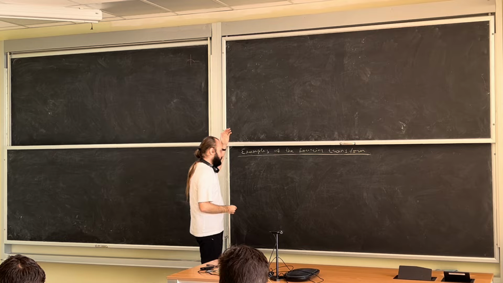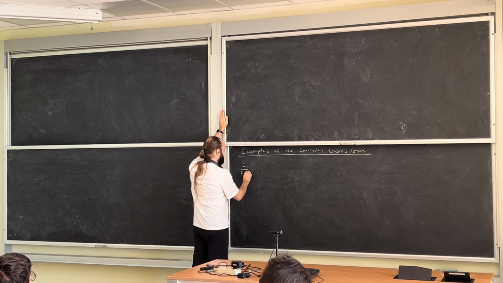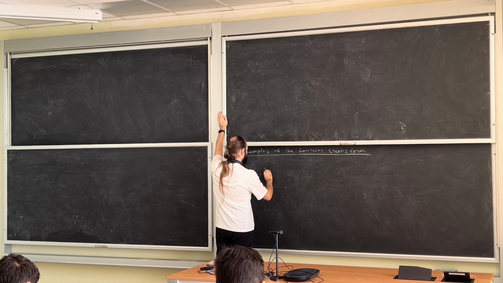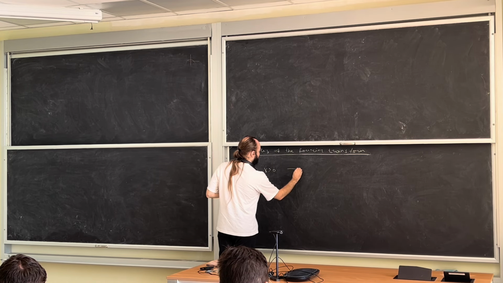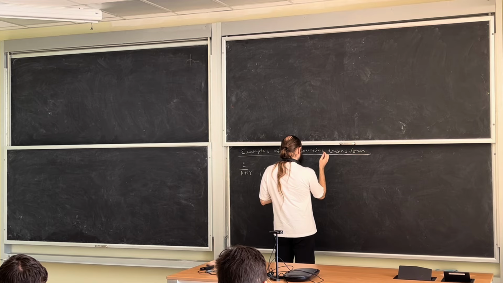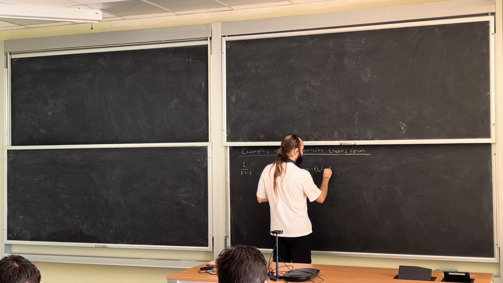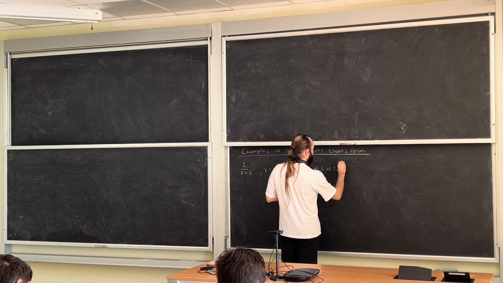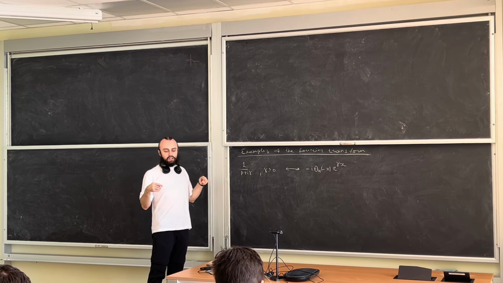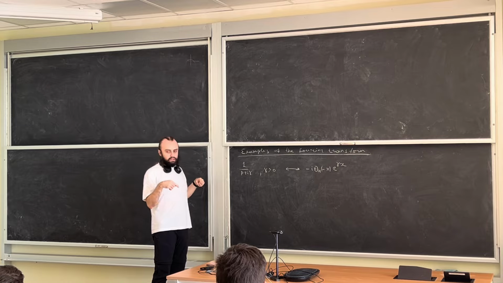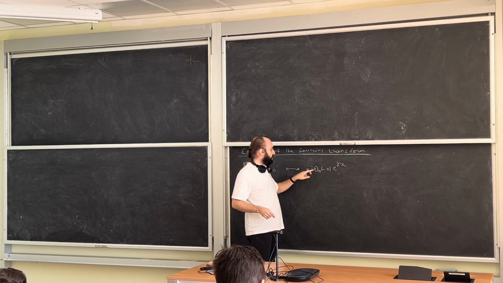We have already seen this example that 1 over p plus iγ, for γ greater than 0, corresponded to the following function: minus i Heaviside theta of minus x e to the γx. And this was an example of a function that was decaying too slowly at infinity, and this caused a discontinuity in its Fourier image.